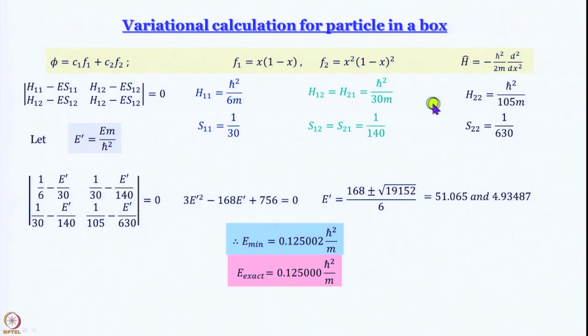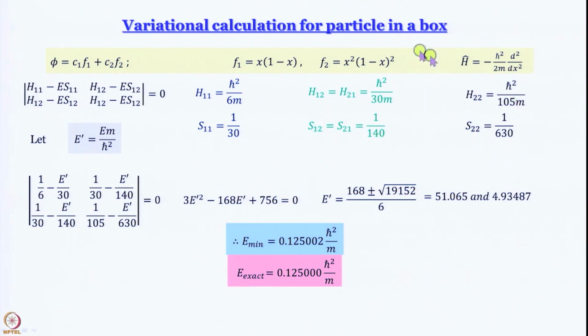And this is the Hamiltonian, minus h cross square by 2m d2 dx2. So, what we did was that we wrote this secular equation and then we found the expressions for all of these matrix elements H11, H12, H21, H22, S11, S12, S21, S22.